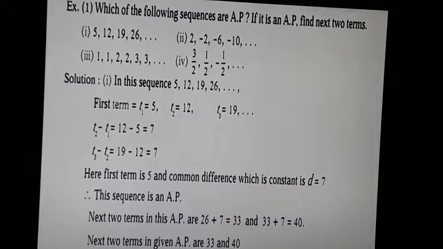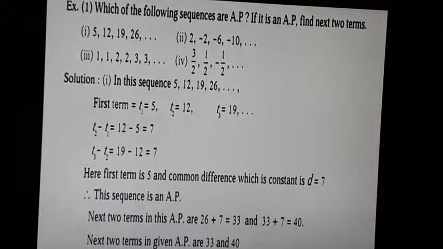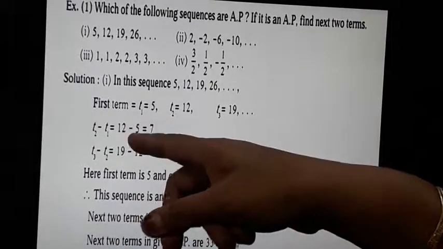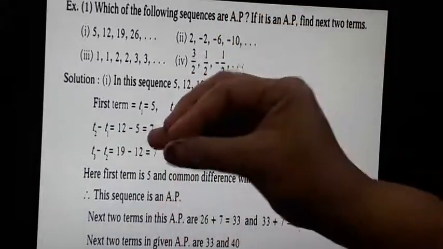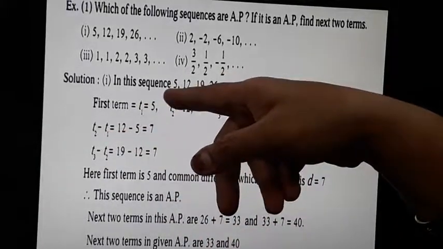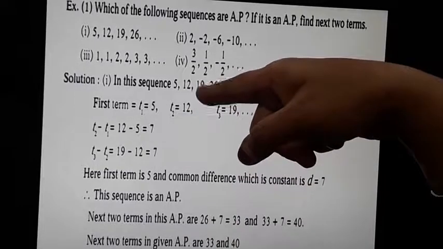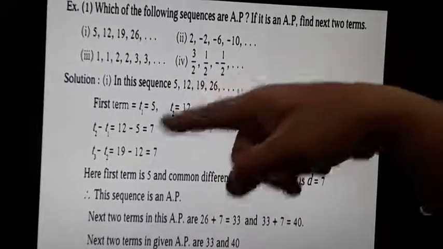To see whether the sequence is in AP, you first have to find the common difference. See how to solve this. T2 minus T1 gives the common difference: 12 minus 5, that is 7. Again T3 minus T2, that is 19 minus 12, again 7.